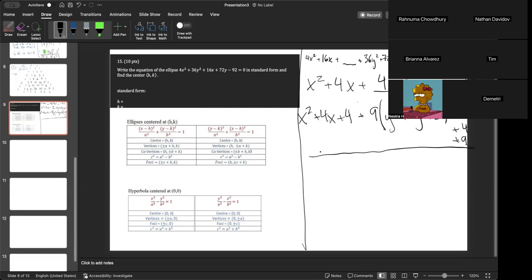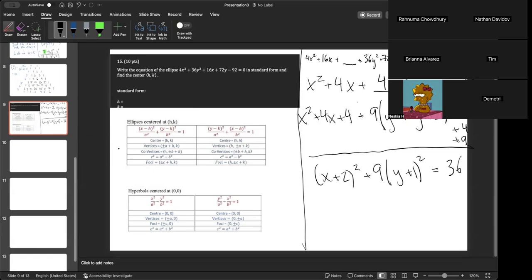This becomes x plus 2 squared plus 9 times y plus 1 squared equals 23 plus 4 is 27 plus 9 is 36.